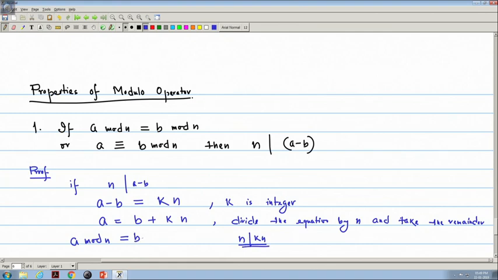So, I will be getting only b modulo n, which is my definition, or what the statement tells, that if a mod n equal to b mod n, then n divides a minus b. So, this is one property that we many times use.